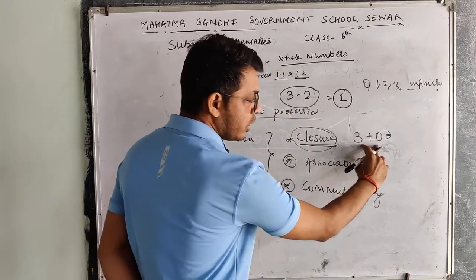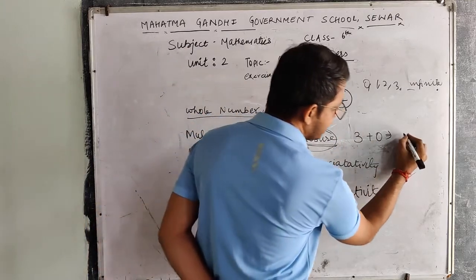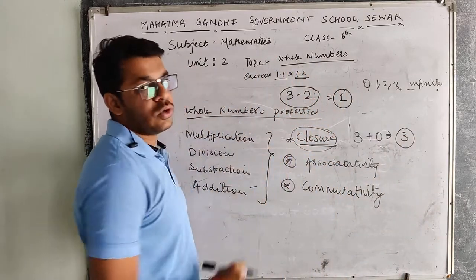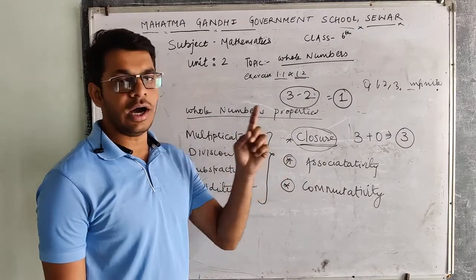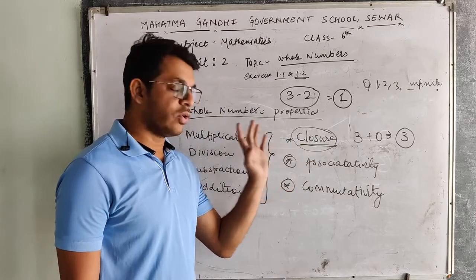If I add these two numbers, the result should be a whole number. The result will be 3. It means that if we add two whole numbers, the result is also a whole number. That's the property of closure.